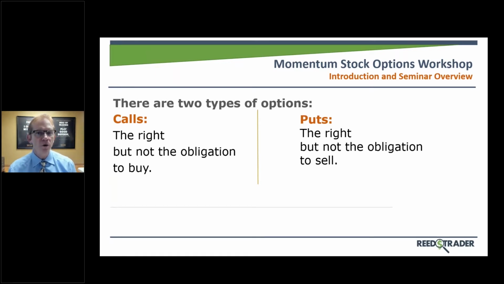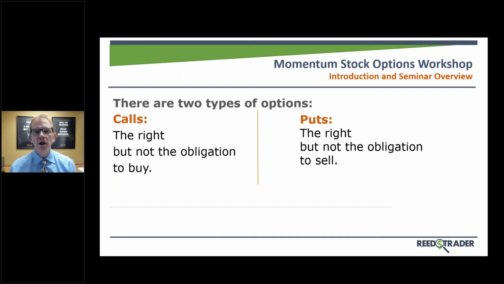The put is the right, but not the obligation to sell at a specified price by a specified time in the future. So with a put, you have the right to make someone buy from you. The call, you have the right to make someone sell to you. Let me say that again.